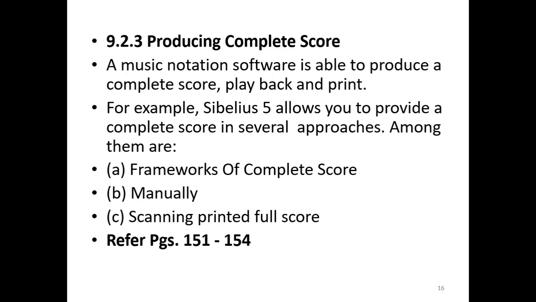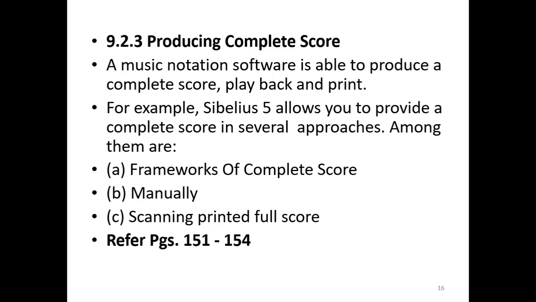And the example they have given is through Sibelius 5, which allows you to provide a complete score in several approaches. Among them are frameworks of a complete score. You can do it manually, and also you can scan and print a full score.